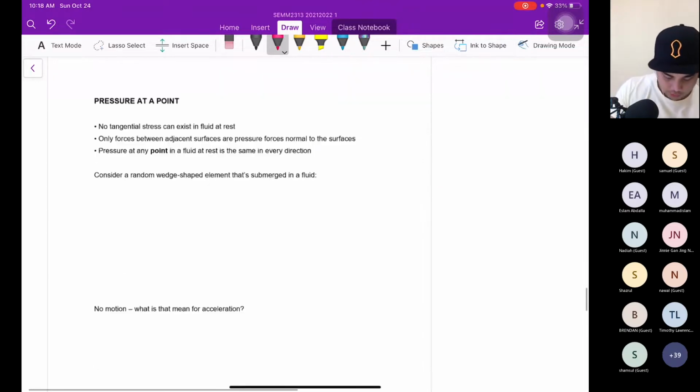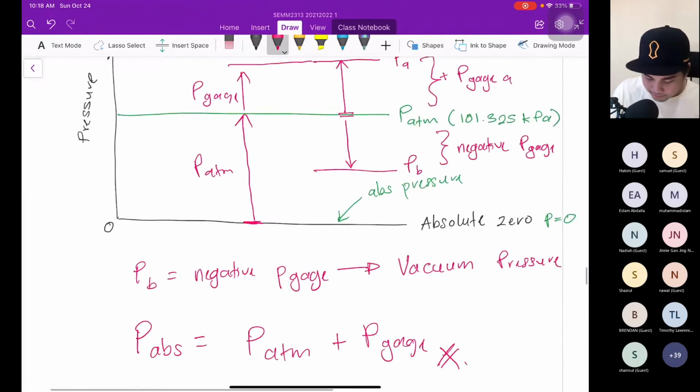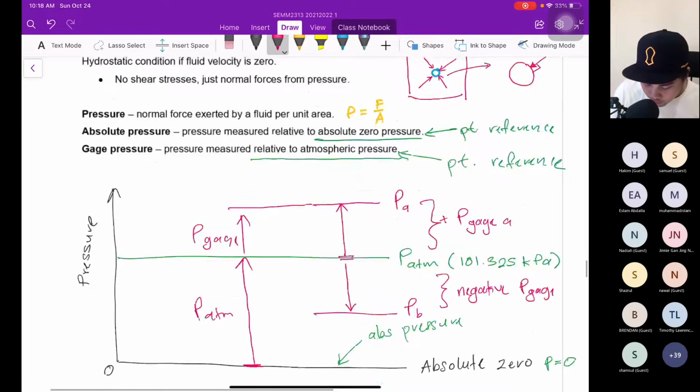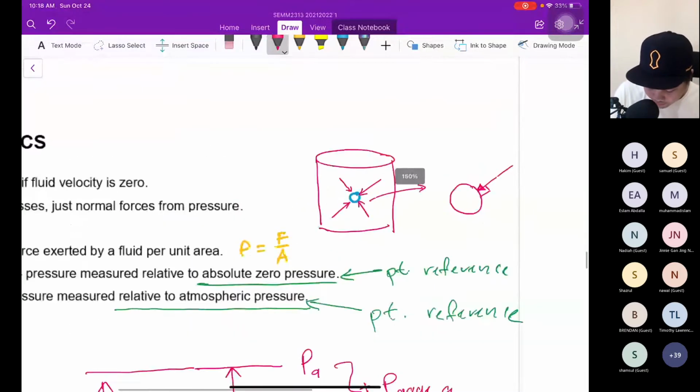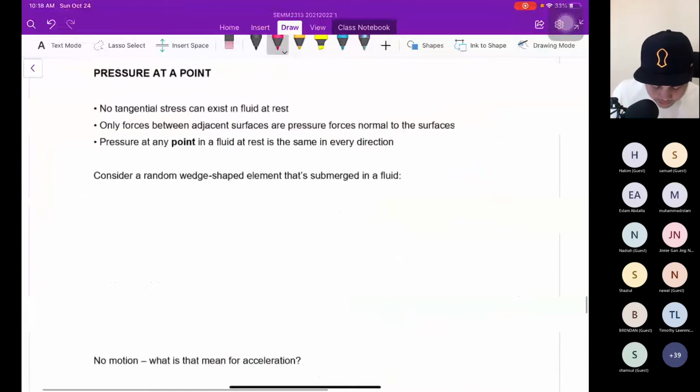So from here, pressure at the point, all right? Remember that I have told you before, this is pressure at the point. Pressure at the point has no tangential stress, or we call it shearing stress, that can exist in the fluid at rest. This is very important.